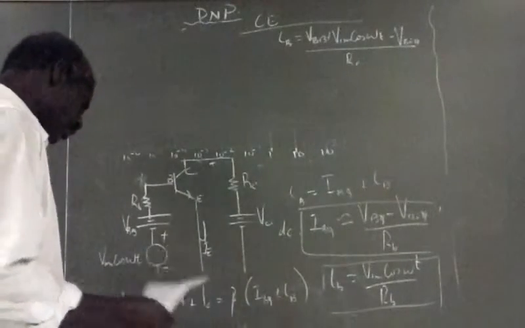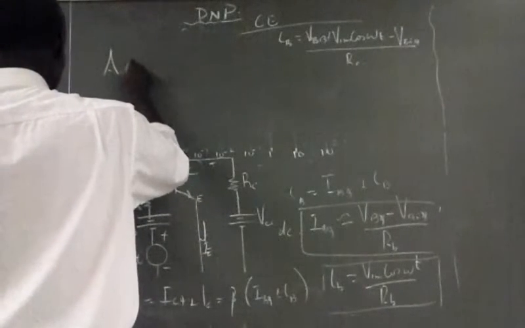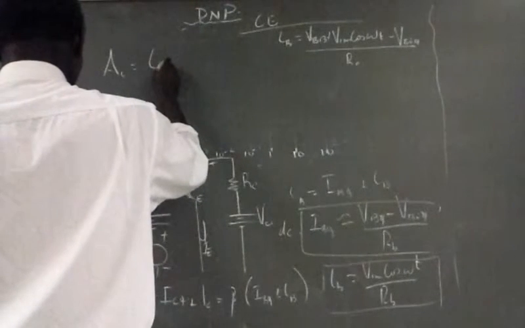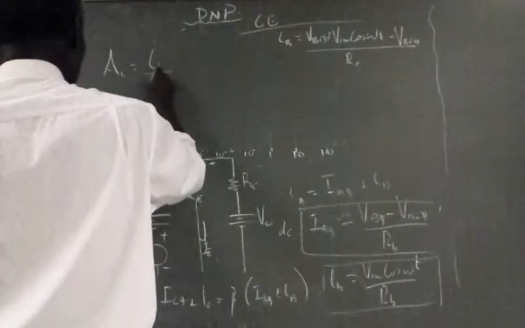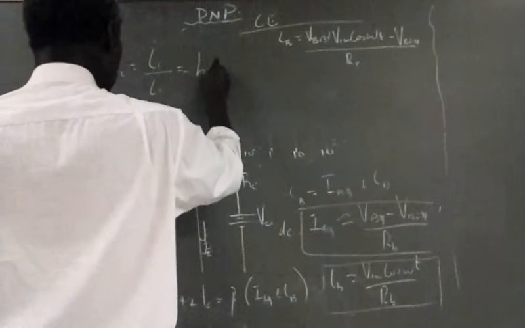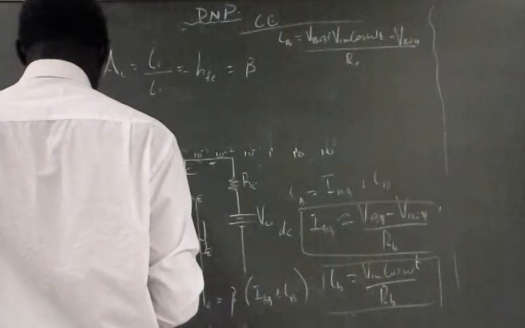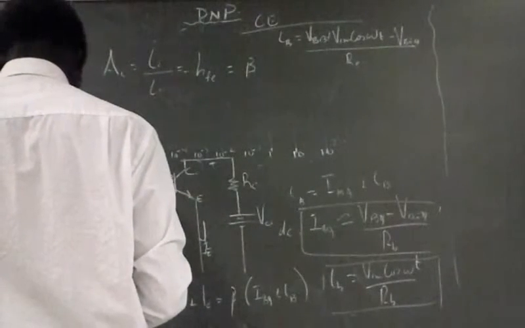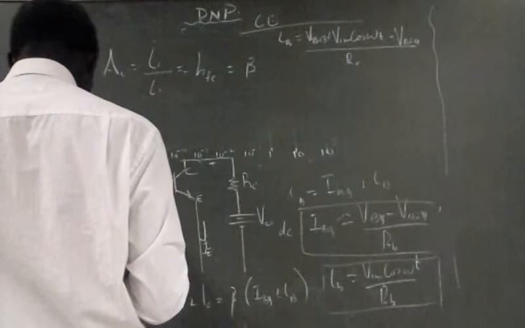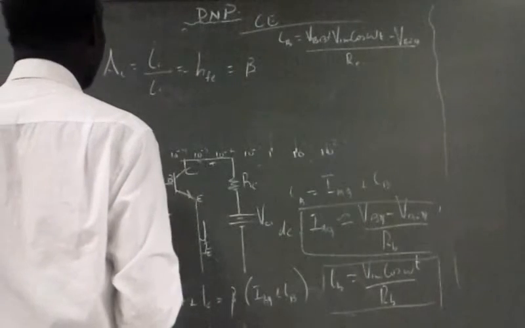Small signal amplification will be beta, and this is independent of the circuit and is a property of the transistor.